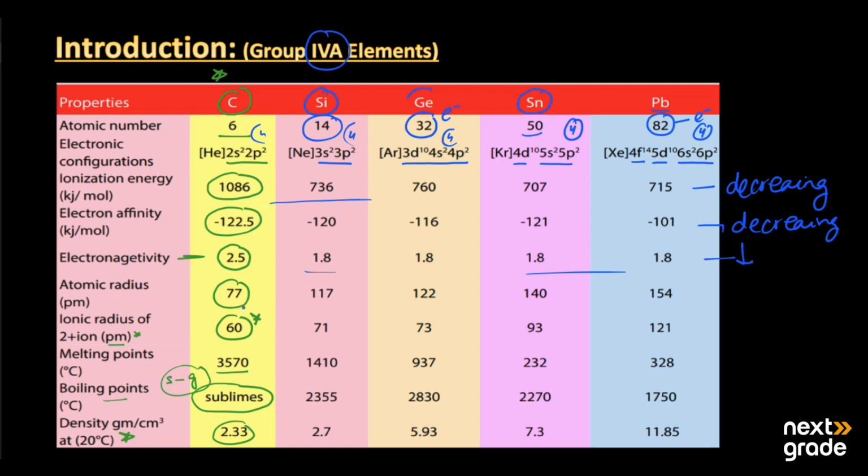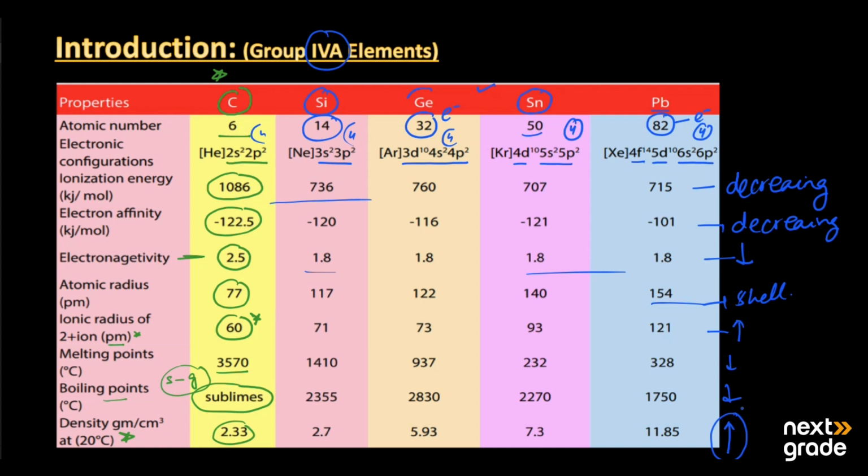Atomic radius increases down the group because the atomic number increases. It means the number of electrons increases, and the atomic radius increases due to the increase in the number of shells. The ionic radius also increases down the group. The melting point decreases, the boiling point also decreases down the group, and the density increases down the group. It means as the atomic number increases, the density of the elements also increases.